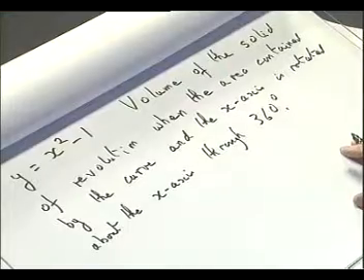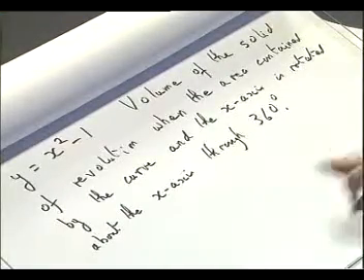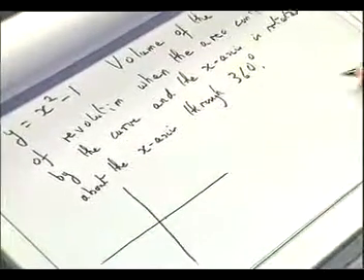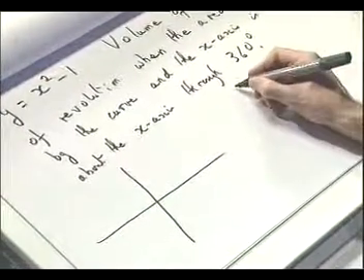That suggests that we really need to look at a picture of this curve. We really need to sort out where it is in respect of the x-axis. So let's have a look. We've got y equals x squared minus 1. We want to have a little sketch of this curve. We want to know what it's doing.